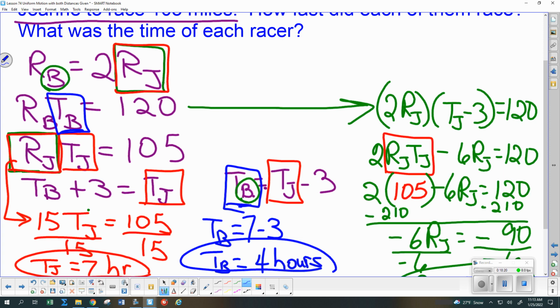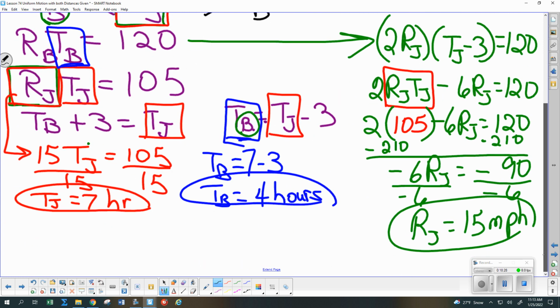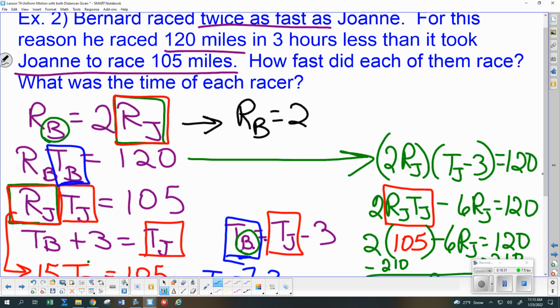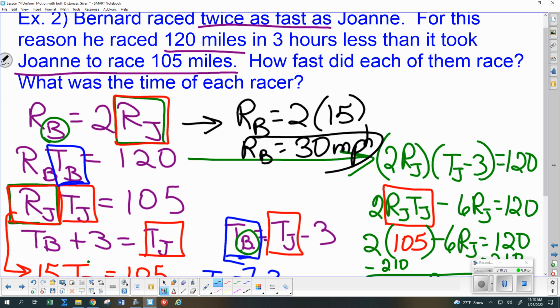Okay, so Sonia picked RB is 2RJ. And let's see, I got to find my RJ here so I remember. So 15. So RB is 30 miles per hour. Any questions with that? Jonas?